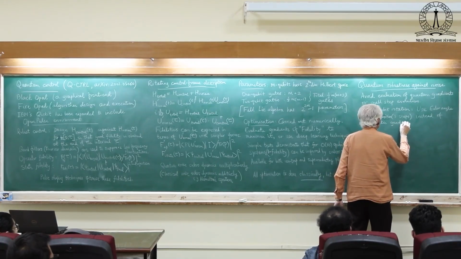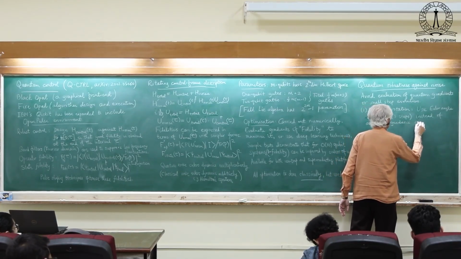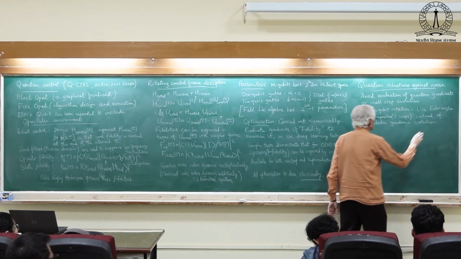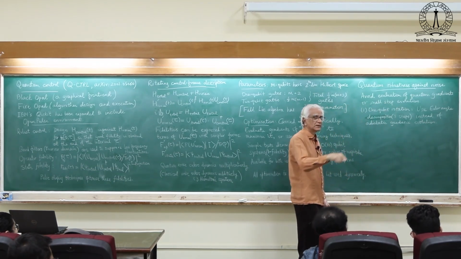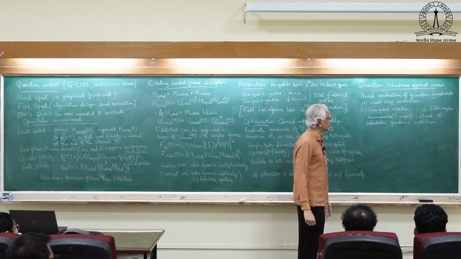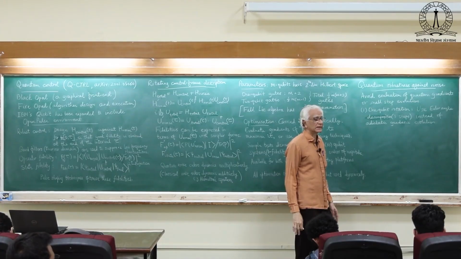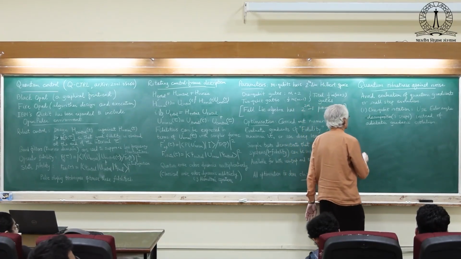Instead of trying to integrate the Schrodinger equation, which will give you the geodesic evolution on the Bloch sphere, but the uncertainty in that adds up quite fast.